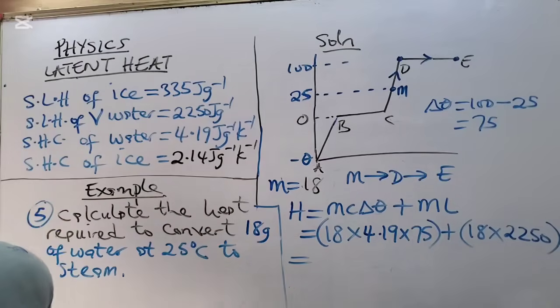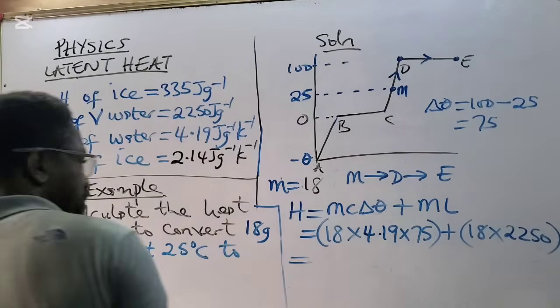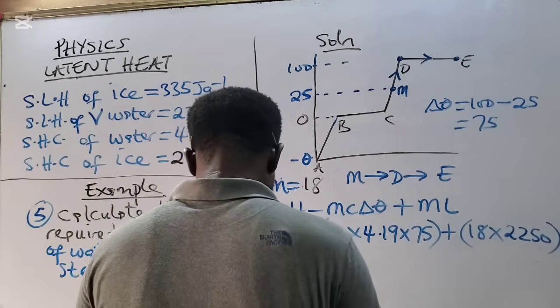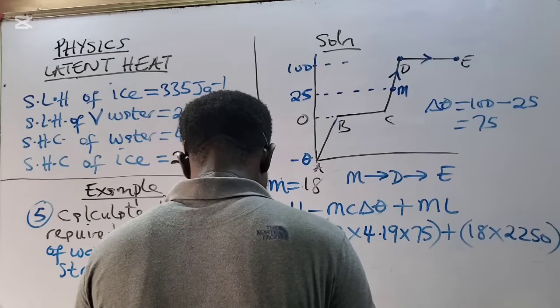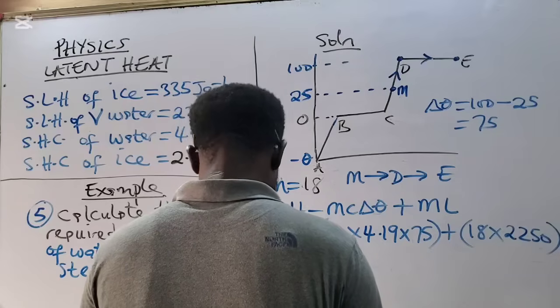So now we multiply that. We get 18 times 4.19 times 75.